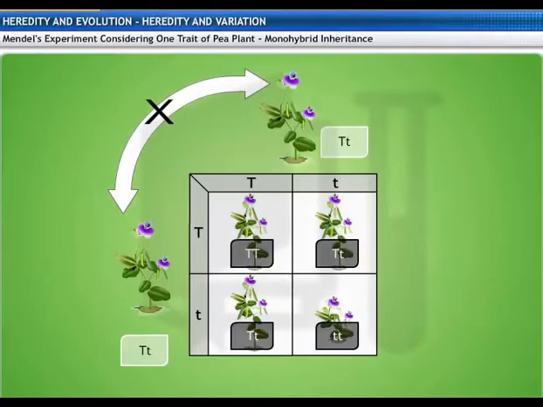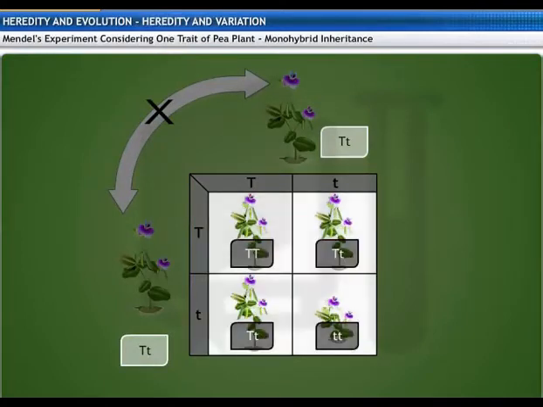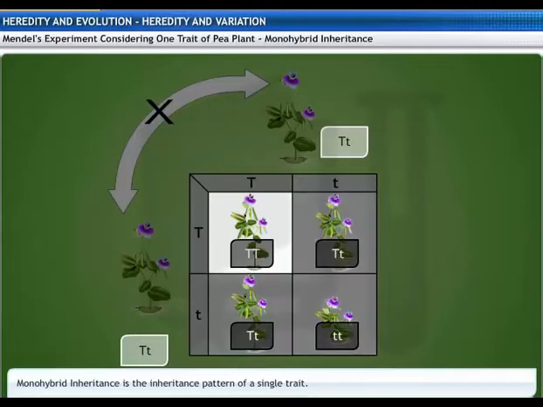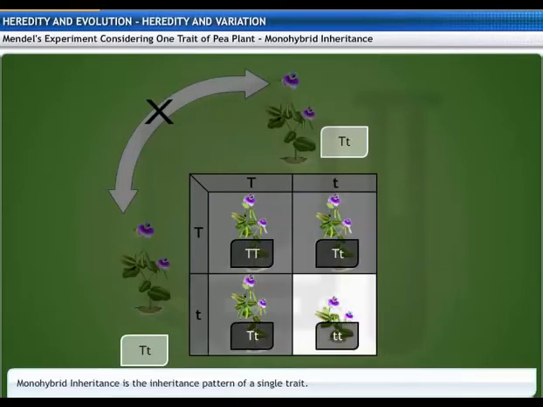Now, let's see the entire experiment in the form of genotypic and phenotypic representation. From the Punnett square, it is seen that random fertilizations result in 1/4 TT, half Tt, and 1/4 tt.